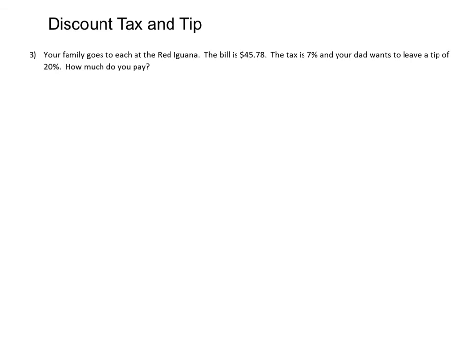Finally, we have this problem. Your family goes to eat at the Red Iguana. The bill is $45.78. The tax is 7% and your dad wants to leave a tip of 20%. How much do you pay? So remember, we're going to start with the tip amount, which is 20%.